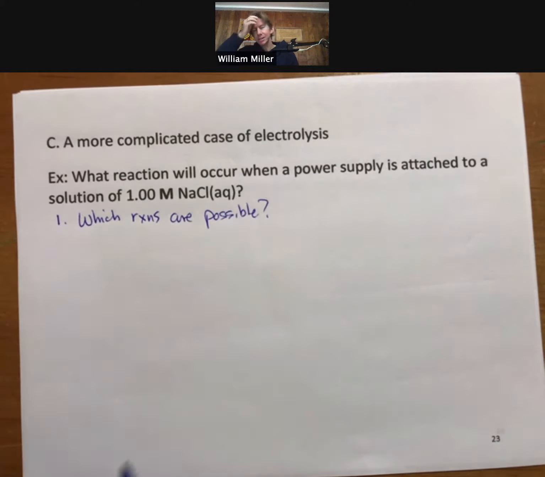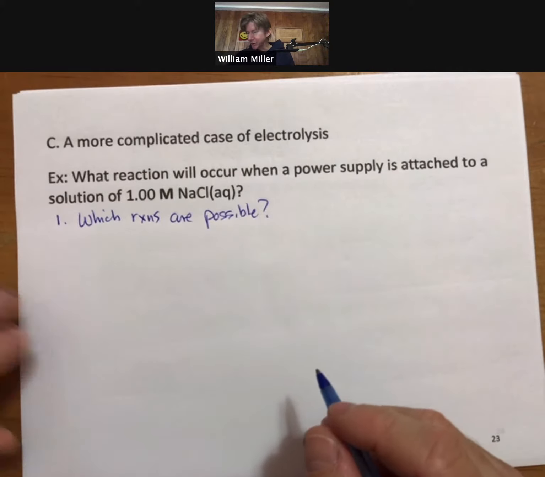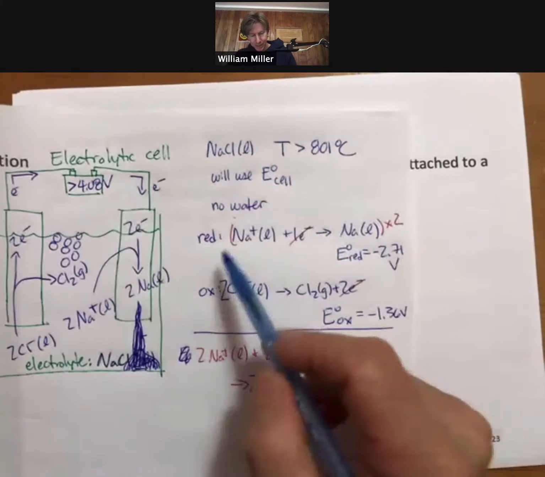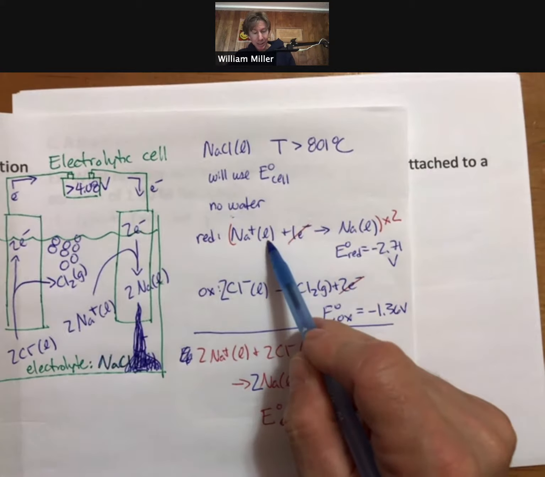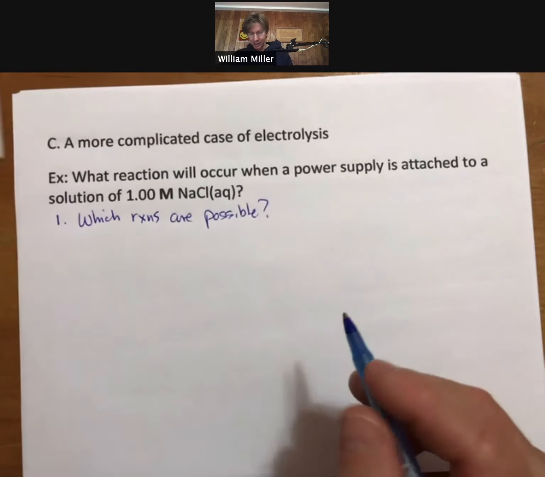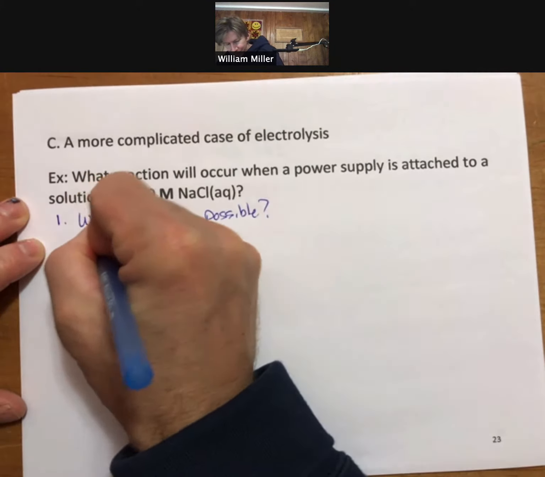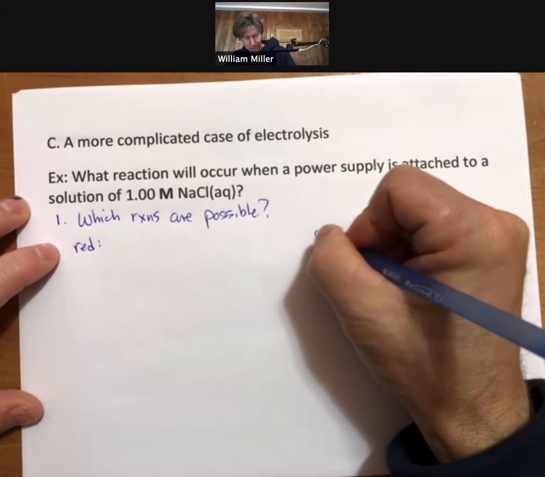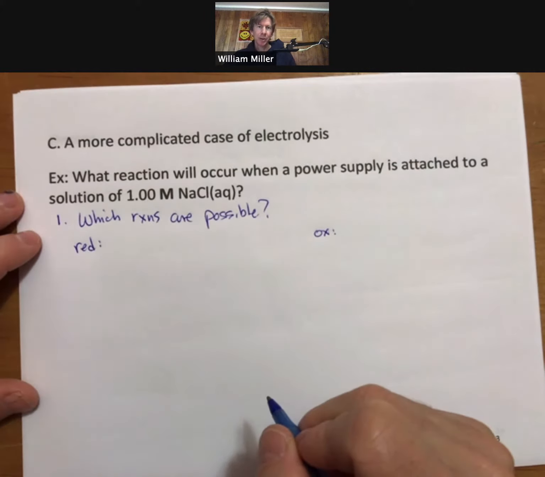And looking at our list of reactions that are possible, we have the reactions that we had on the previous pages. Those are going to be sodium aqueous this time and chloride aqueous. So I'll do my possible reductions here and my possible oxidations on the right.